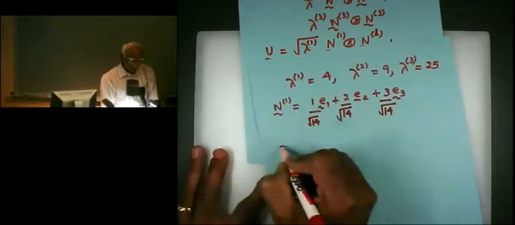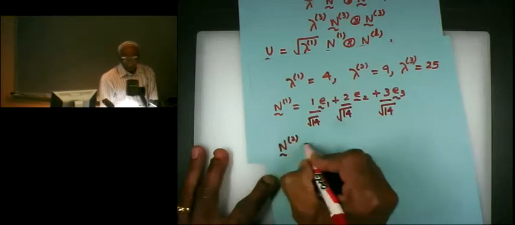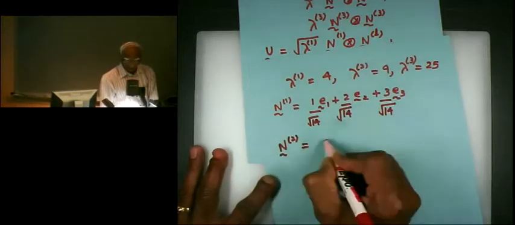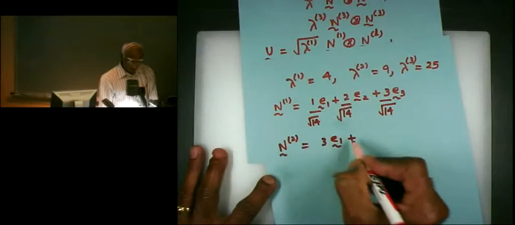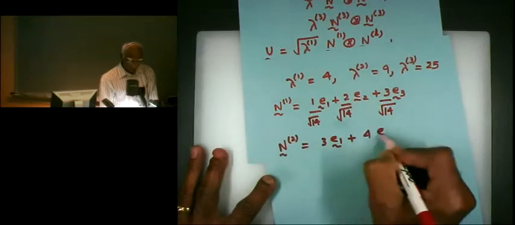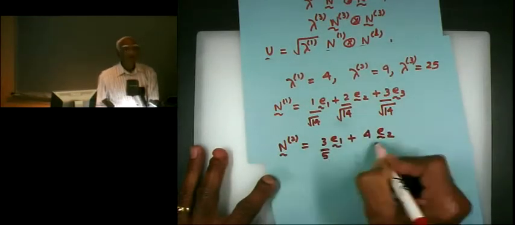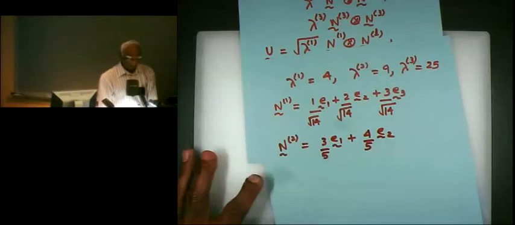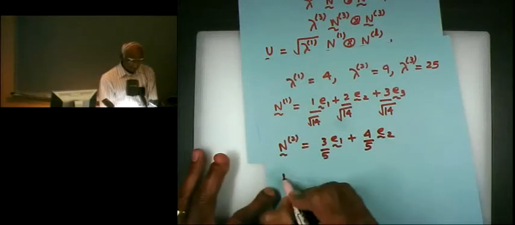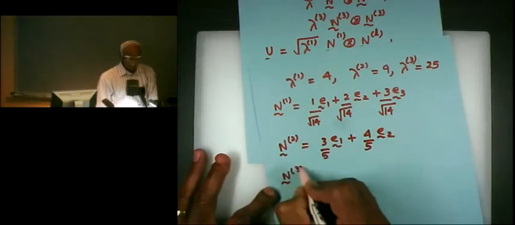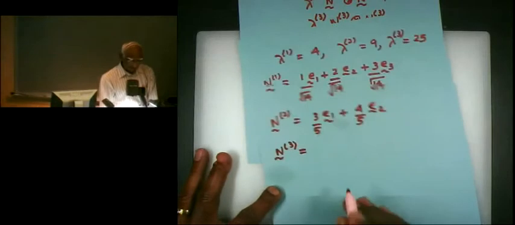So let's do one more. Then we will say n2 is (3e1 plus 4e2) over 5. So that's a unit vector. And n3 is say e1.